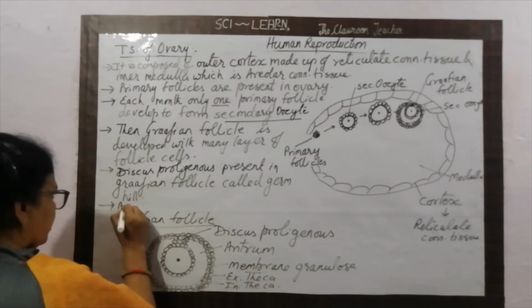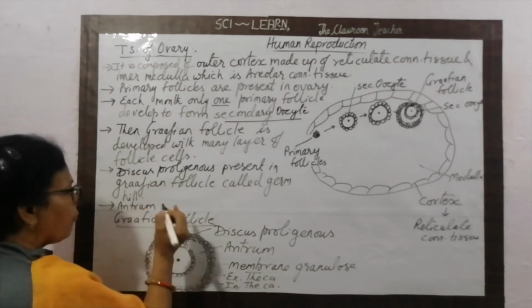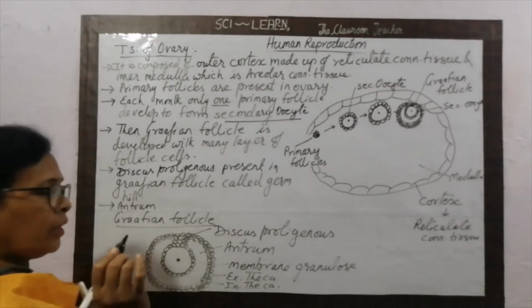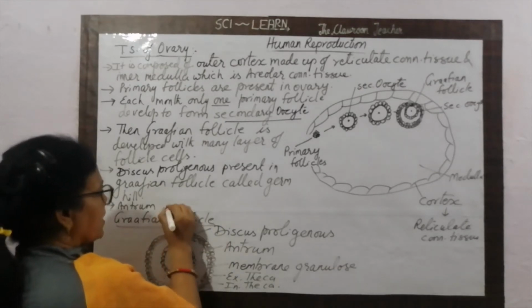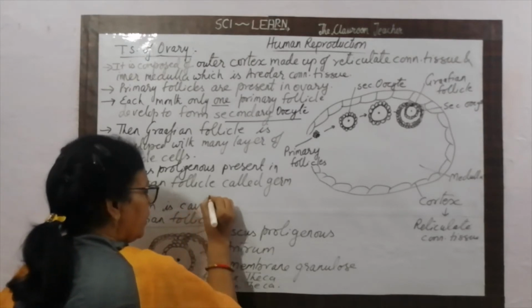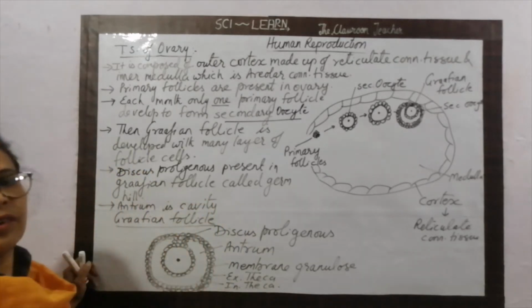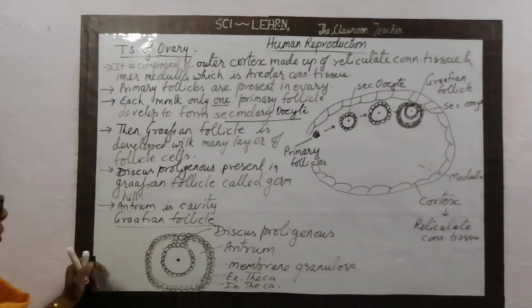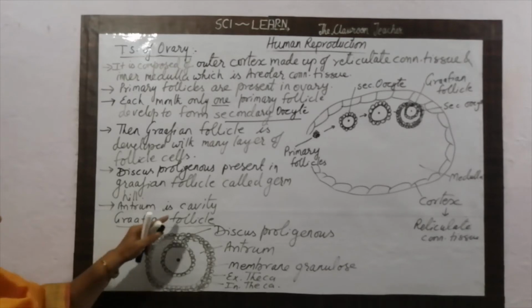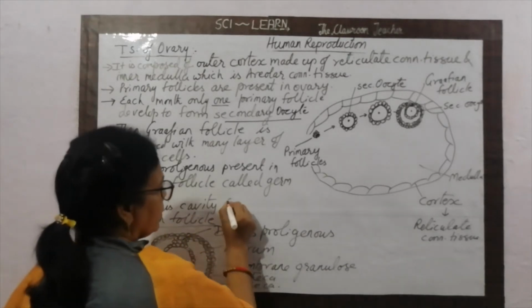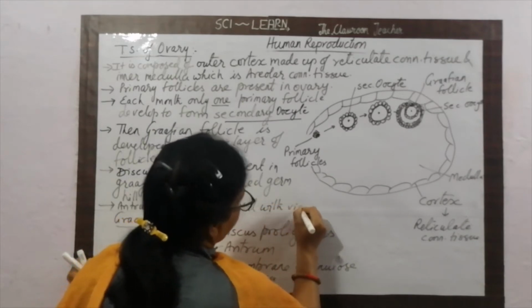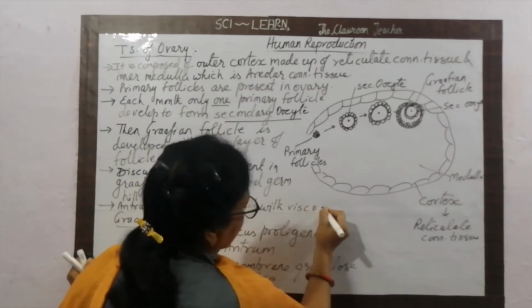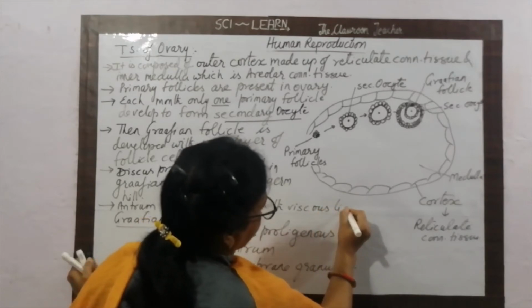Antrum we know. Antrum is not the vacant part, this emptied part. It is actually a cavity, which is clearly visible when we study the transverse section of the ovary. This antrum is clearly visible. It is a cavity, and it is filled with viscous liquid.